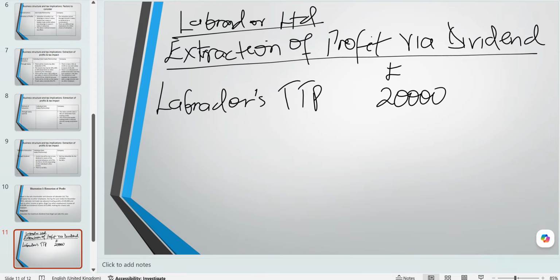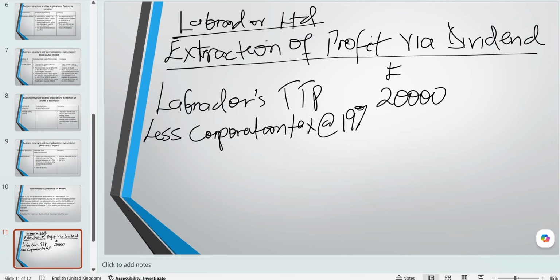Okay. Now less corporation tax. The corporation tax will be at 19%. Less corporation tax at 19%. 19% of 20,000 will be 3,800.